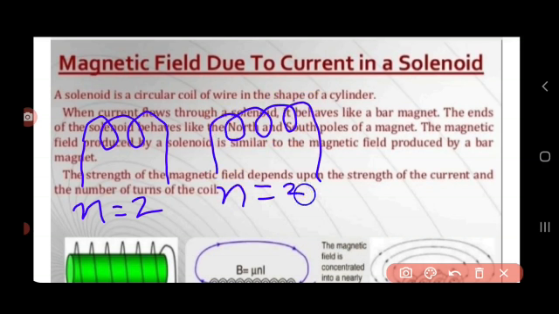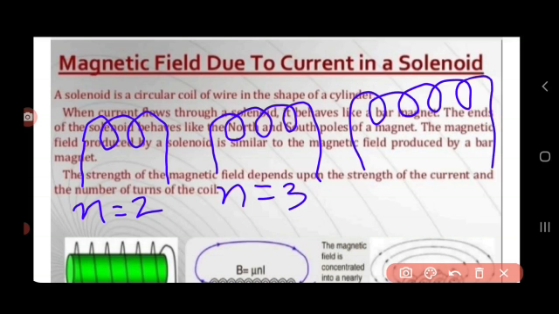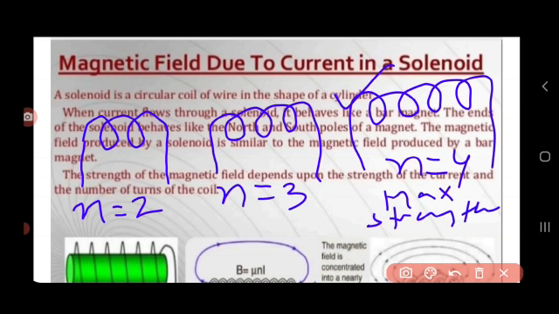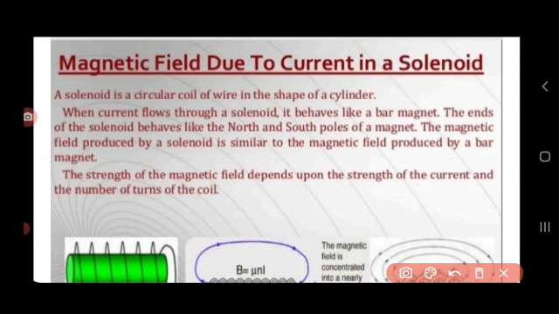Second one, by increasing the magnitude of current. Suppose the number of turns is 2, and through it 2 ampere current is passed. In the second solenoid, the number of turns is 2, but through it 3 ampere current is passed. And another solenoid is there. Its number of turns is 2, and through this solenoid 1 ampere current is passed.